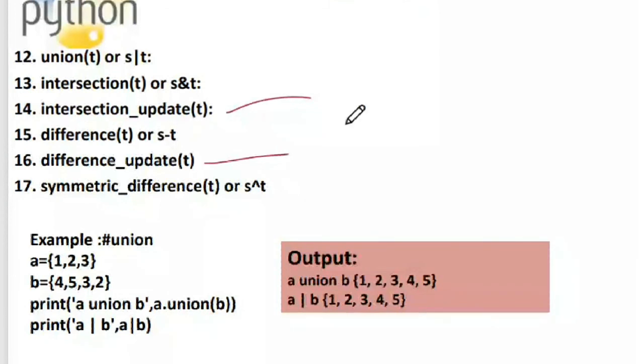When I was discussing the set operations, I discussed the union method, the intersection method, the difference method, and the symmetric difference method. But the two things added for you are the intersection update and the difference update. We'll see these methods.